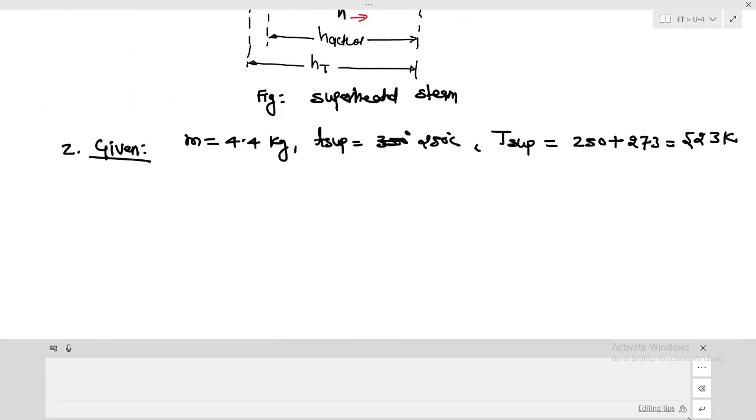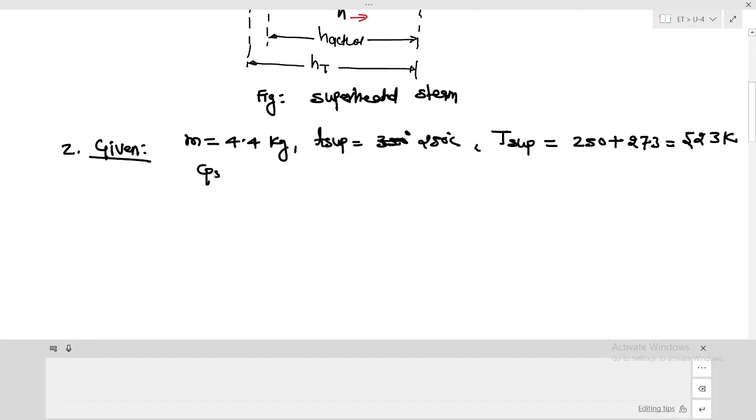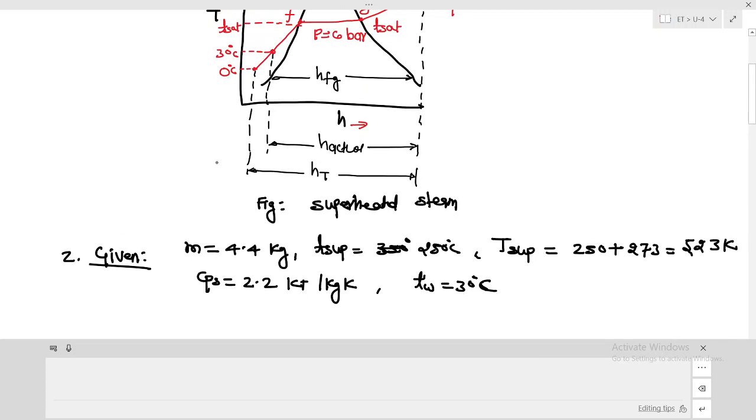Then we have been given the specific heat of this superheated steam as 2.2 kilojoule per kg Kelvin, and temperature of water is given as 30 degrees Celsius. This is the temperature. Okay.